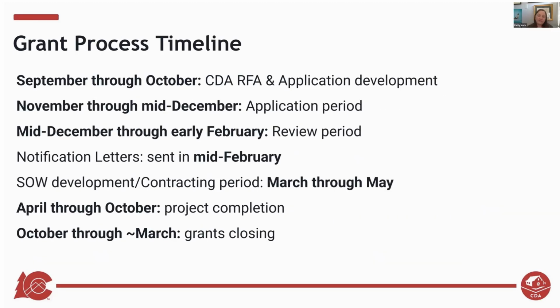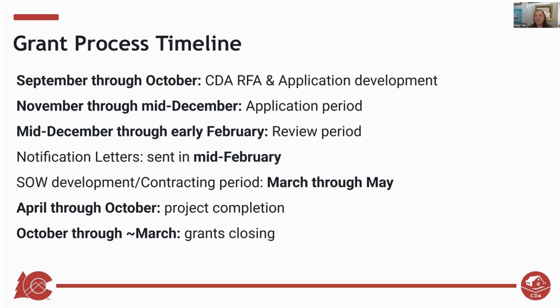Okay, so I wanted to give a very brief overview of our grant process timeline. So we have an annual grants process. In September and October of each year, CDA staff works to revise our RFA, which is the request for applications, and then the application documents themselves.